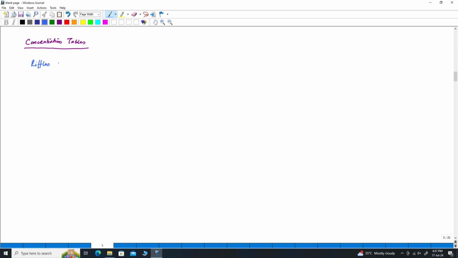Riffles are basically wooden strips, and of course this table is basically lined with linoleum. So these riffles are present, and they are normally parallel to the long dimension of the table.